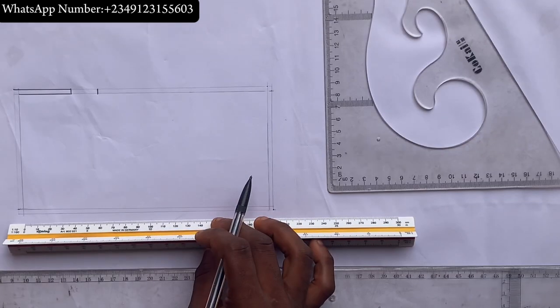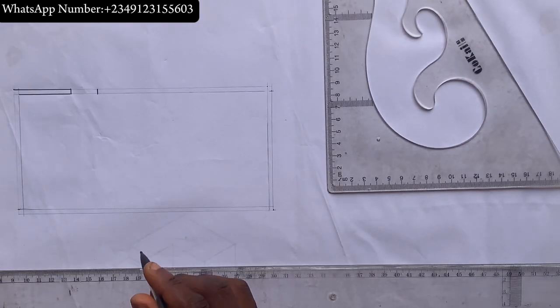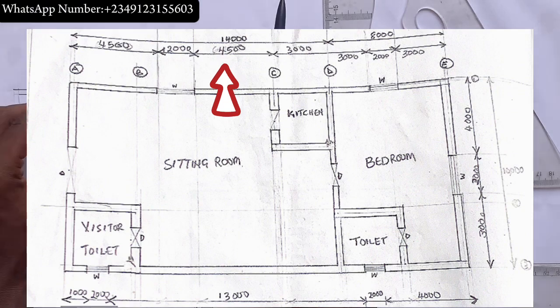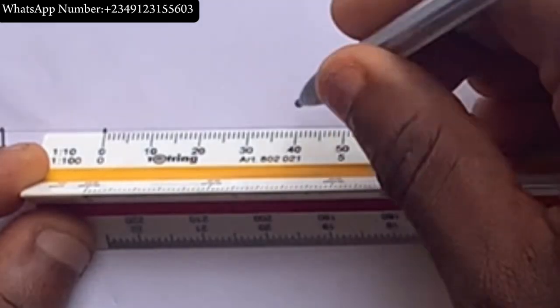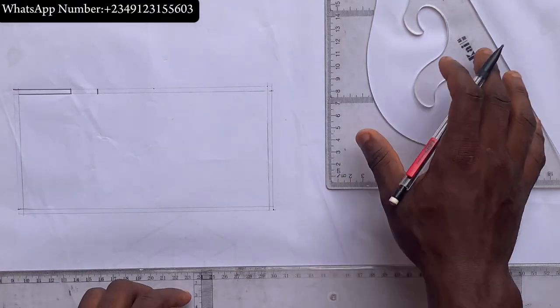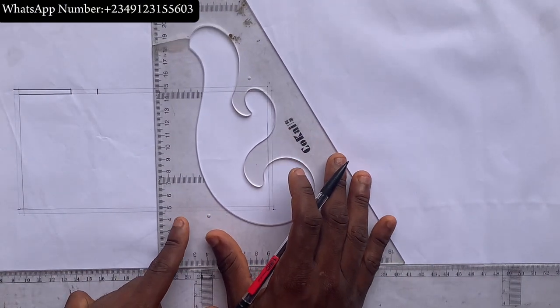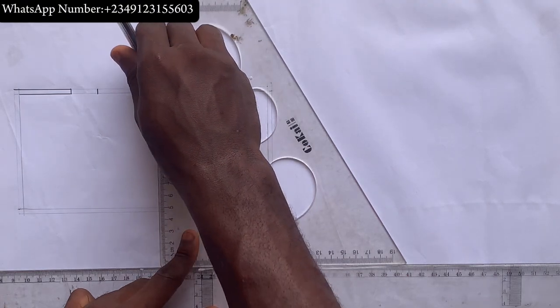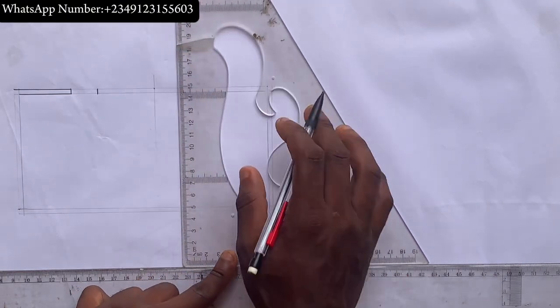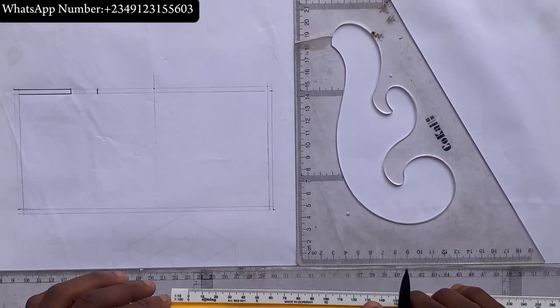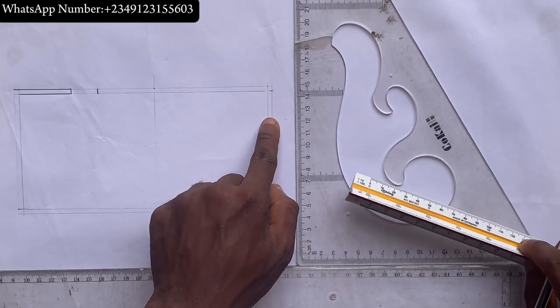When you are done with this, next procedure is to observe that there's a distance of 4500 again, as you can see my arrow indicating. From here to here, 4500. I'm going to take this point, the faint line inward. We said we measured 4 for the thickness initially.